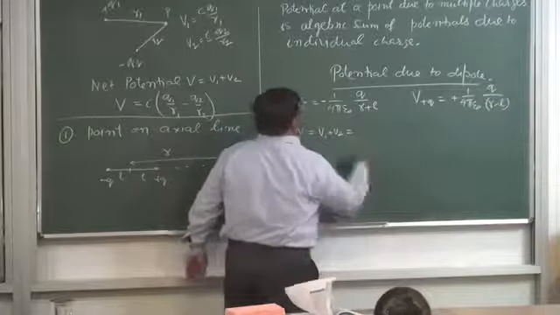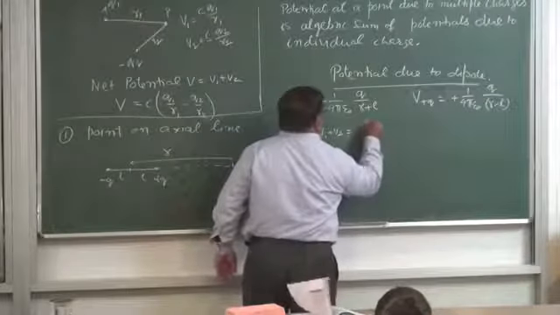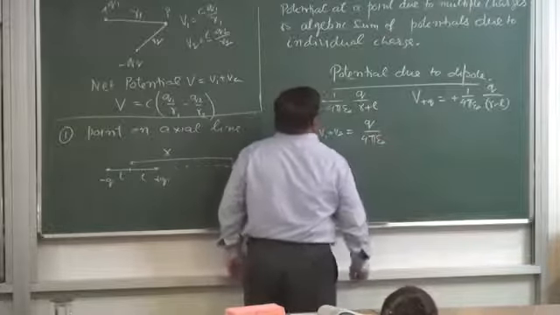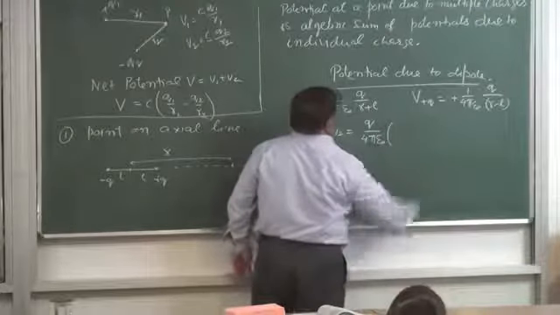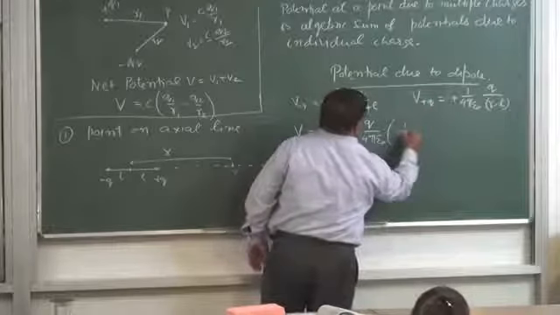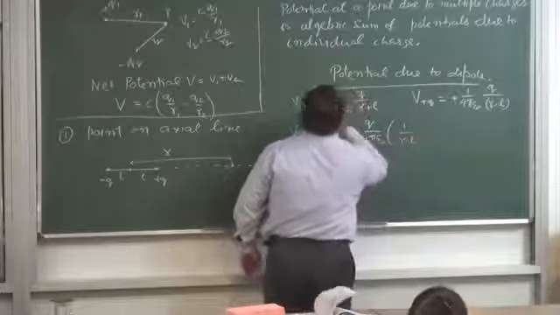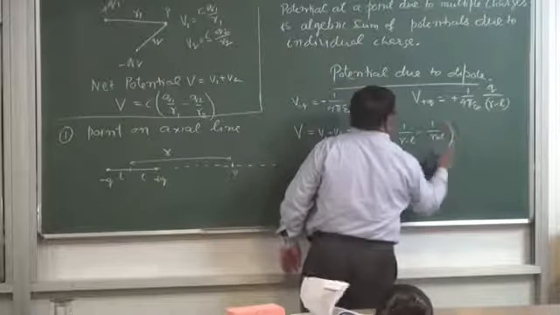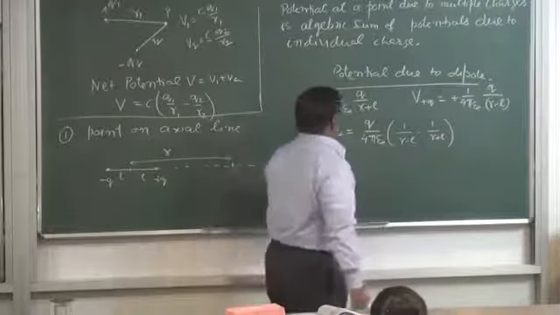This is equal to, what is common? Q upon 4 pi epsilon naught is common, and what do we get inside? Positive first, 1 upon r minus L minus 1 upon r plus L. Okay, please do it.